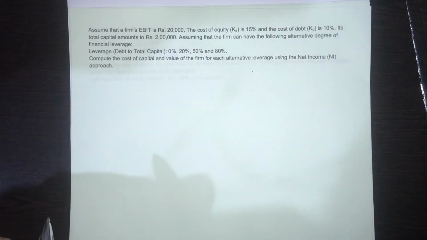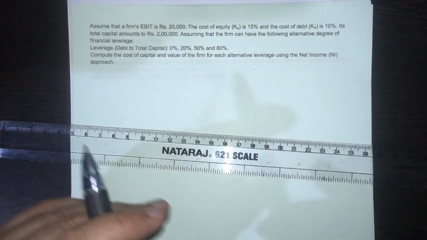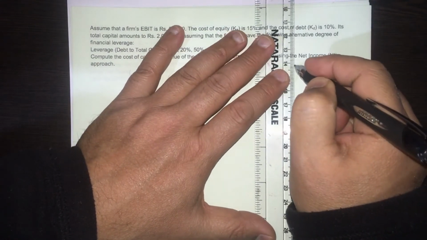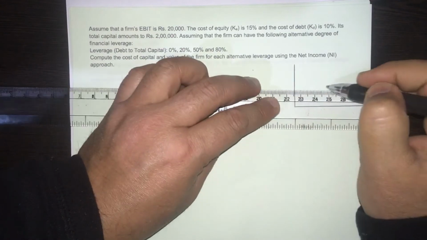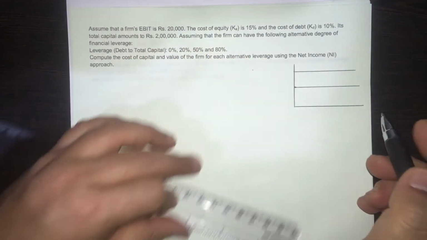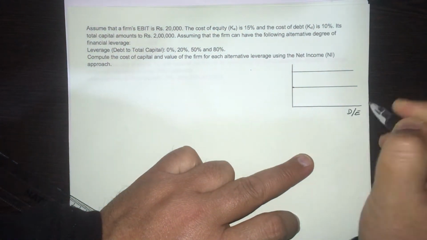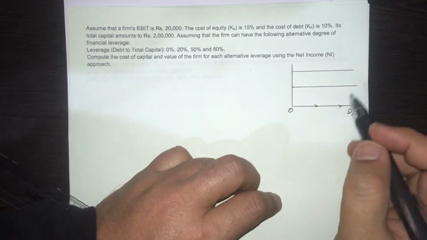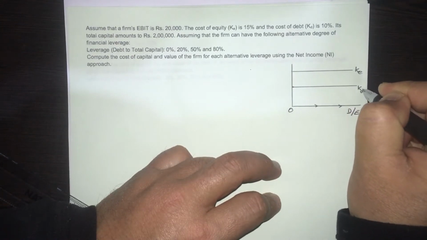So let's solve this problem using the NI approach. And always remember, according to the NI approach, as the debt equity ratio increases, as you bring more debt into the capital structure, KE is expected to remain constant, as well as KD, the cost of debt.